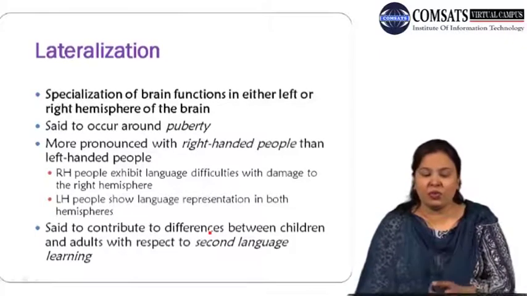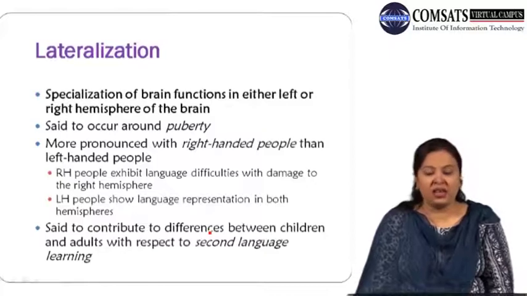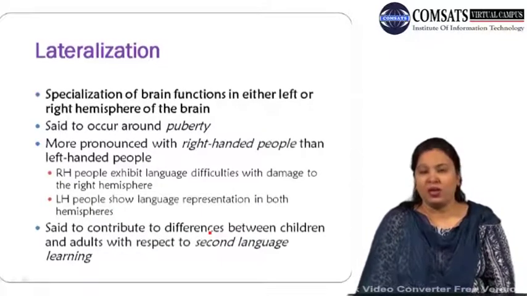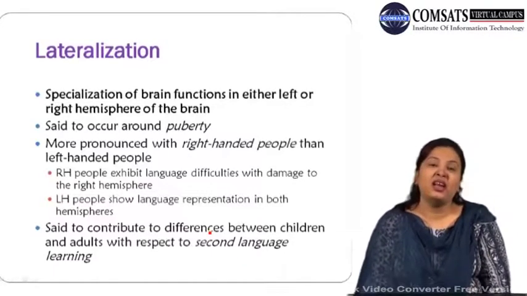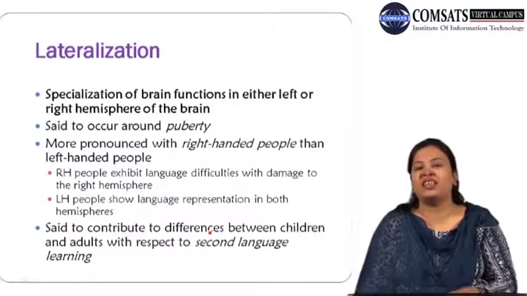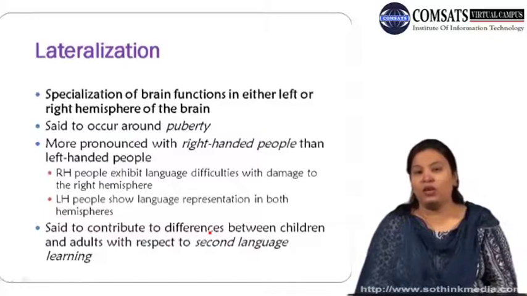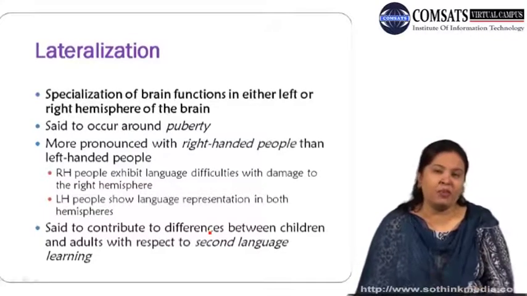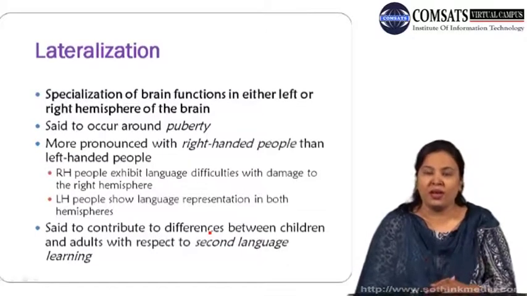Now, the observations are that right-handed people exhibit language difficulties with damage to the right hemisphere. It has been observed that right-handed people, if for some reason the right hemisphere of the brain gets damaged, face difficulties with language. On the other side, left-handed people show language representation in both hemispheres.